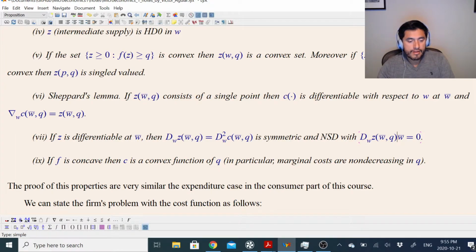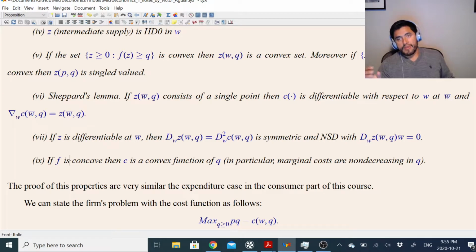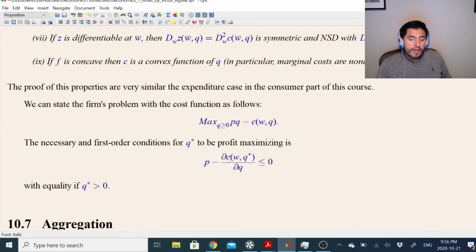And now finally, if f is concave, that means basically you have non-increasing returns to scale, and C, the cost, is a convex function of Q. And in particular, marginal costs are non-decreasing in Q. Okay. Now, the proofs of these properties are very similar to the case of the expenditure function, so we're going to skip it.